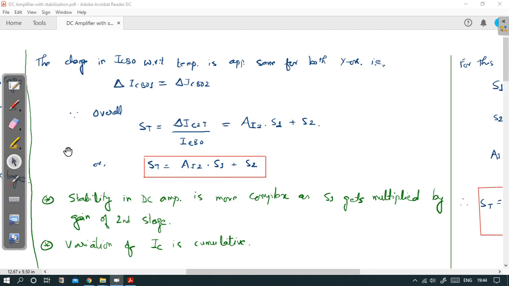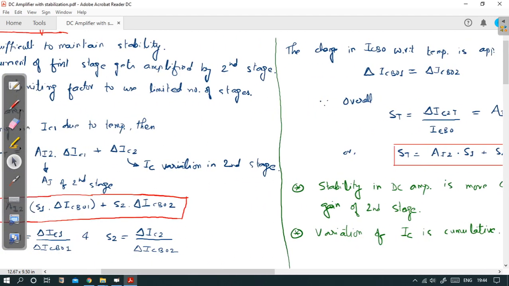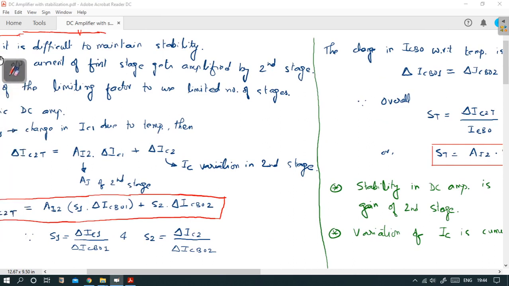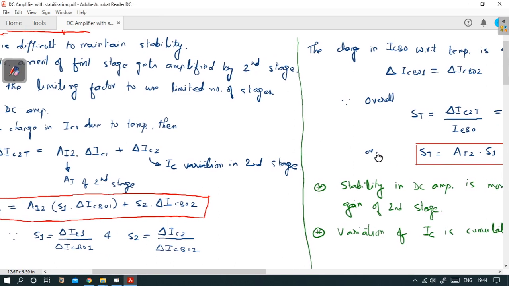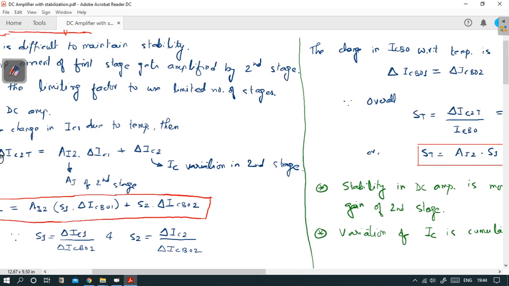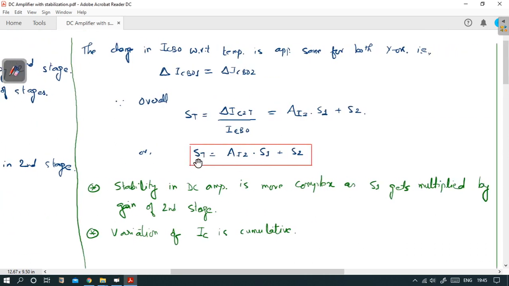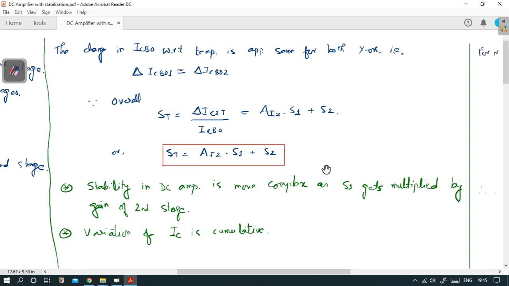If you relate this equation to that one, the overall current was the amplified version of the first current plus the second stage current. Similarly here, the overall stability factor is the amplified version of the first stage stability factor plus the second stage stability factor.